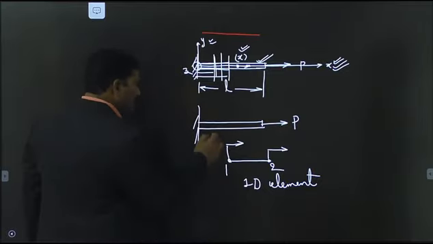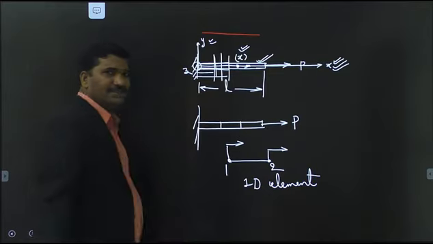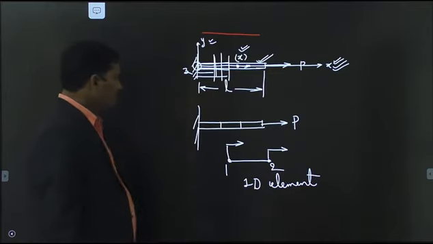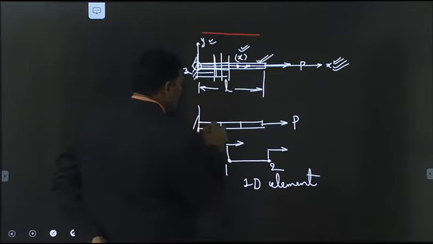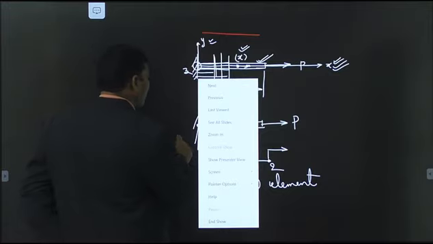If you discretize this domain into 3 subdomains, each is represented by a one-dimensional element with 2 nodes.